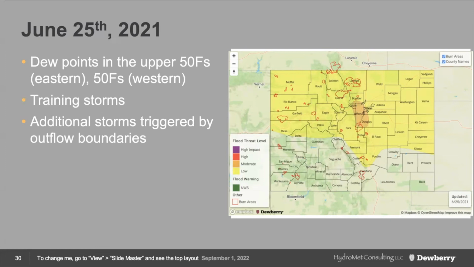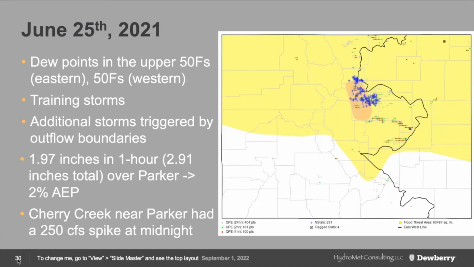higher population areas. So there's 1.97 inches in an hour, or 2.91 inches total over Parker, which is about a 2% annual exceedance probability. So it was significant, but relative to some of the larger storms over Denver, it wasn't as high.